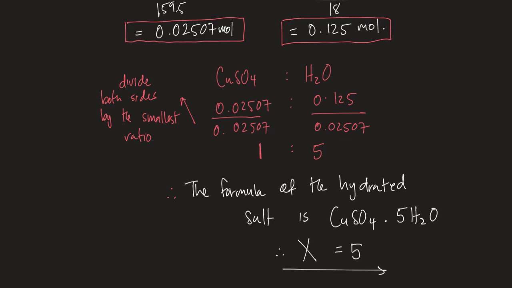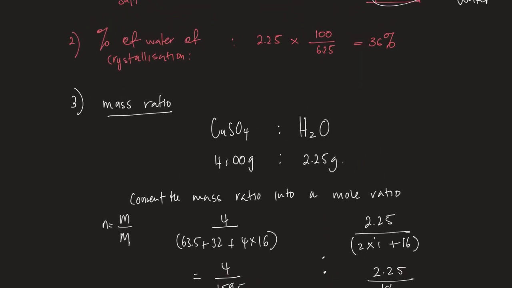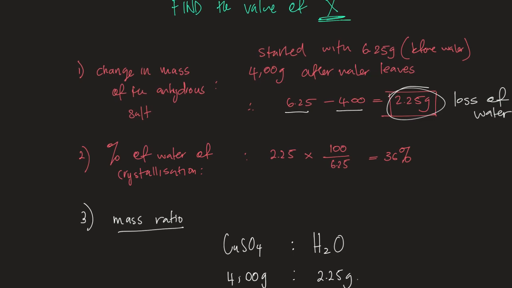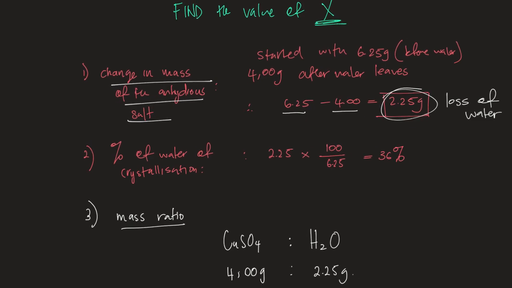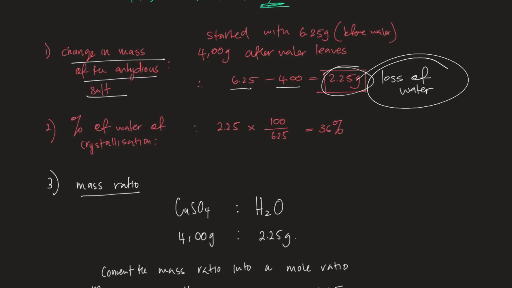So there we go. Now I'm just going to talk you through what we have to do. The first thing you need to do is find the change in mass of your anhydrous salt, which is going to give you the loss of water. Once you do that, you need to find out what percentage of that is your water of crystallization.